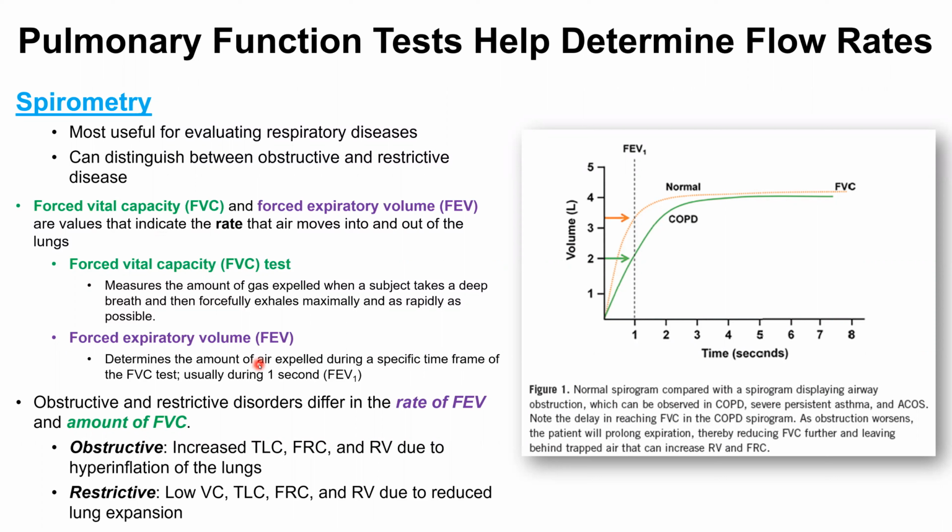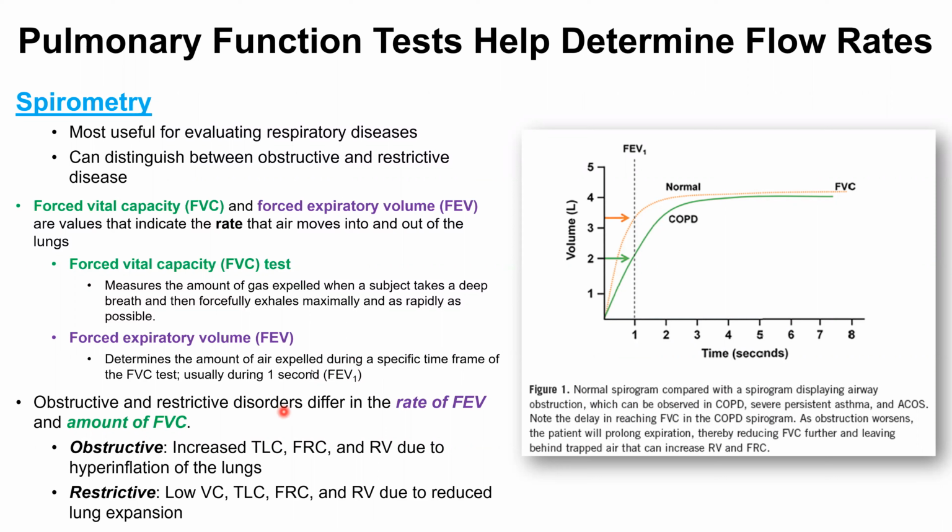And usually forced expiratory volume is looking at a 1 second time period, because most people with healthy lung function are going to be able to blow out about 70 to 80% of the volume that they inhaled within 1 second. So usually we measure the FEV in 1 second. You'll see it in the literature, or maybe you'll learn it in other classes, as FEV1, the forced expiratory volume in 1 second.